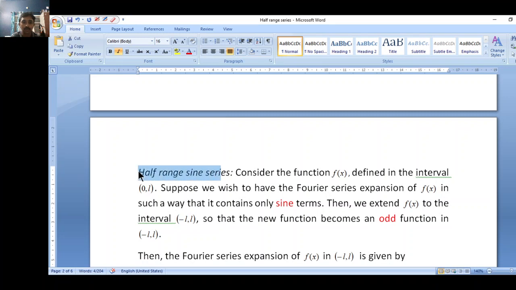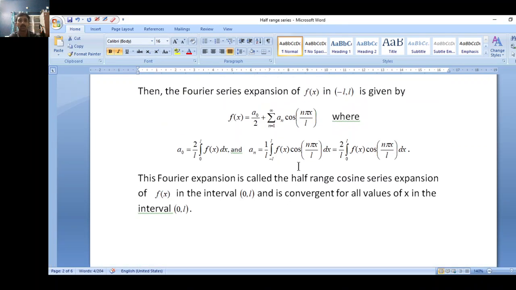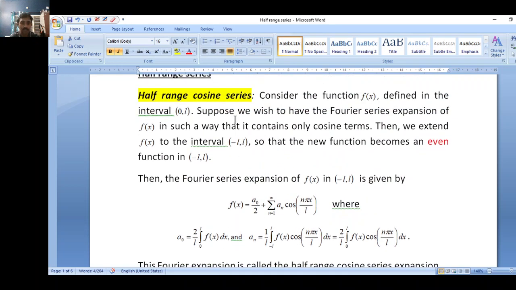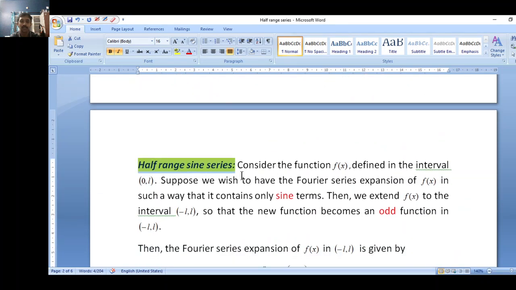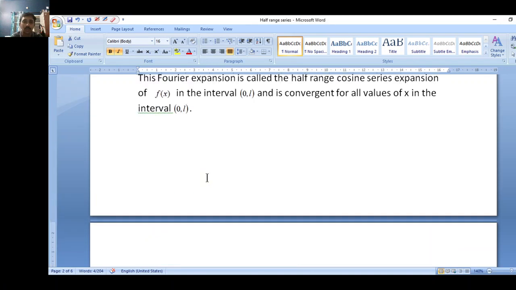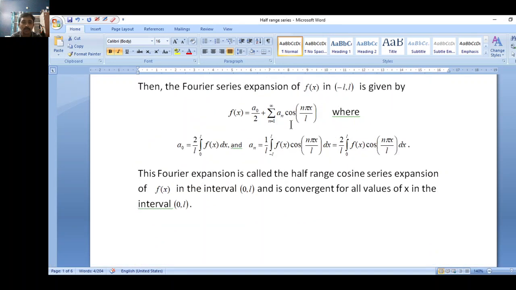And of course, if you have really understood this well, it should be obvious that even though the function is the same, we can have both the half range cosine series and the half range sine series of the given function defined in the interval 0 comma L. If you are told to find the half range cosine series, you convert the function into an even function, and accordingly the Fourier series will have only a0 and an, and the corresponding a0 and an are given by these two expressions.